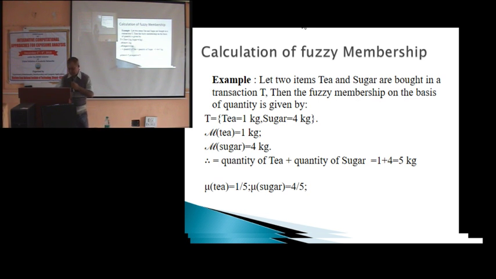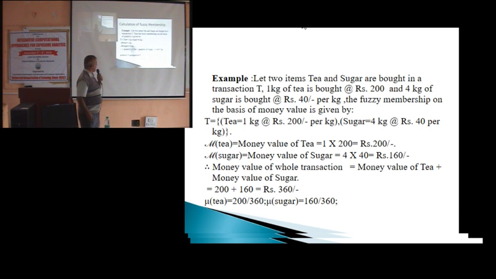So there is the difference. Then again, when I look at the money value of the transaction, my perception has changed. The tea is costing 200 rupees per kg and sugar costs 40 rupees per kg. So what is the value of my transaction? 200 plus 160, 360.